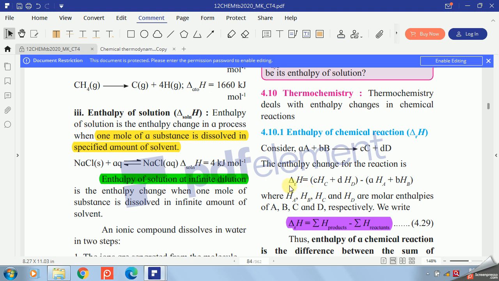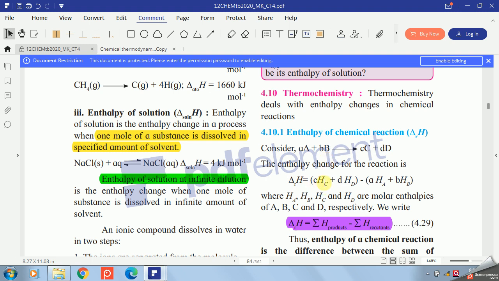So the enthalpy of this reaction is equal to: C and D are the products, with small c and d the number of moles, and A and B are the reactants, with small a and b the respective number of moles.